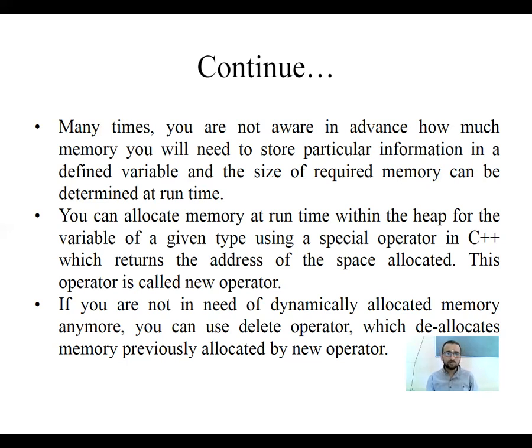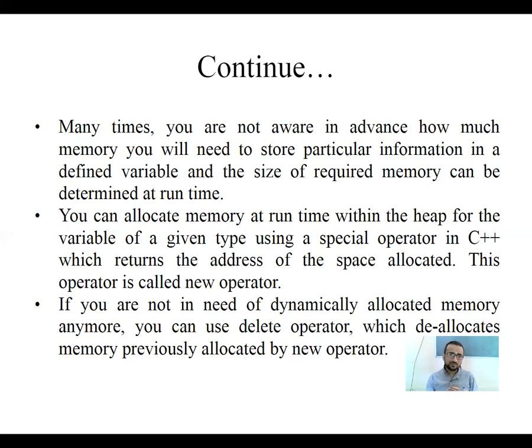So in such cases, we can allocate memory at runtime with the help of the heap, right? For the variable that we have, we use a special operator in C++ which returns the address of the space allocated.